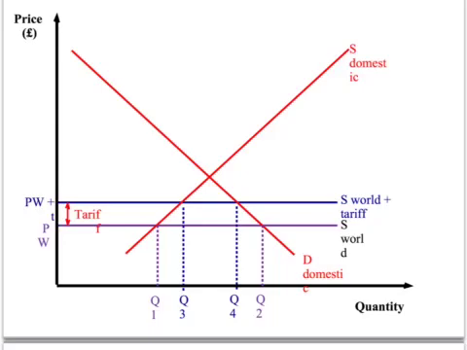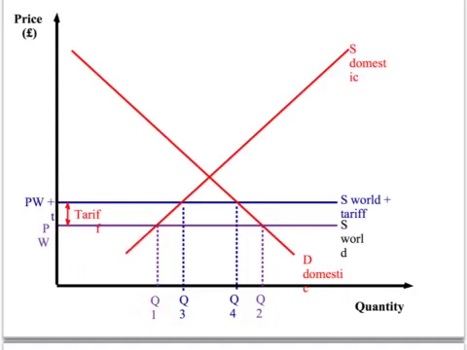Now, the initial situation is that domestic producers will supply up until the point of Q1. This is because this supply curve is below the world price, which is here. So it is cheaper to buy from domestic suppliers up until Q1.